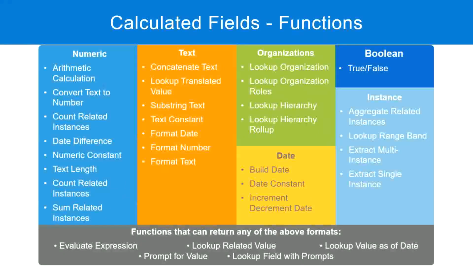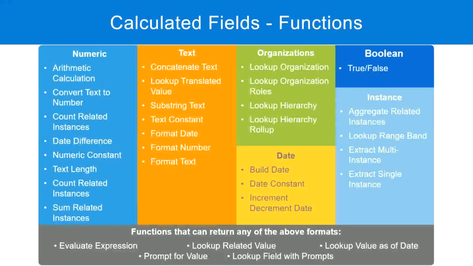Now, for all of these, we have the calculation functions, your different functions that you have. And they are grouped together based on the output that they are going to create. So arithmetic calculation, of course, will give you a numeric field, right? Converting text to a number, you're converting a text field to a numeric field.